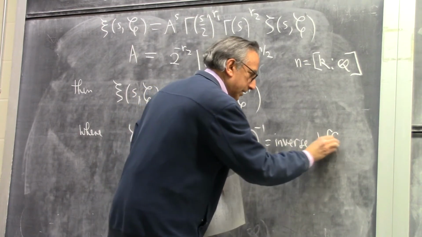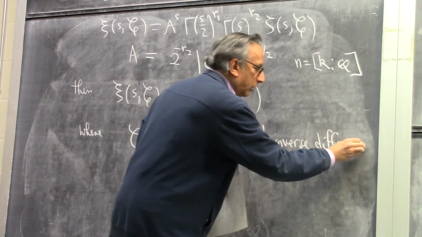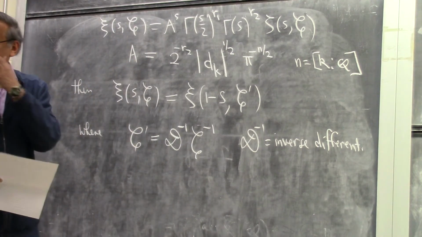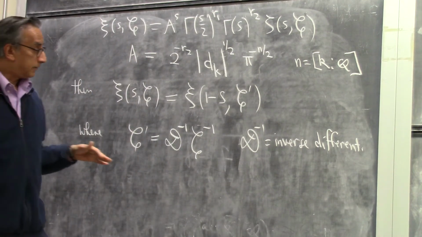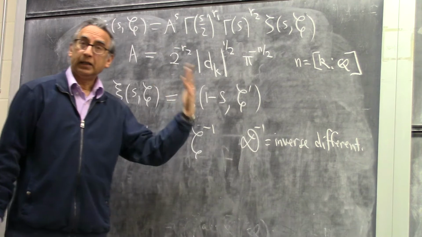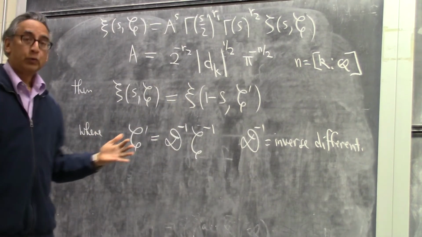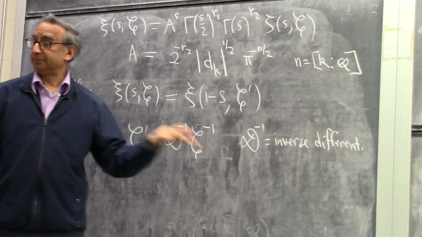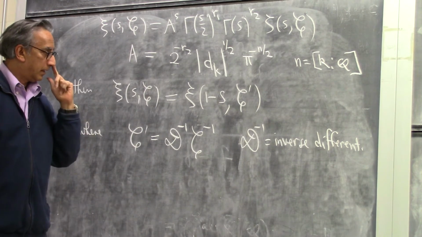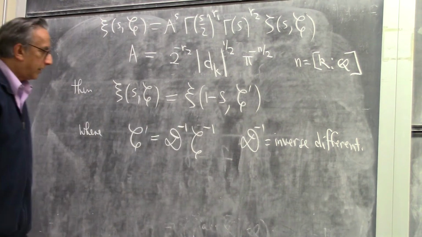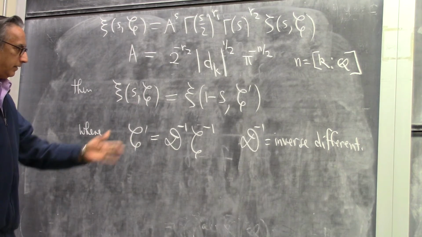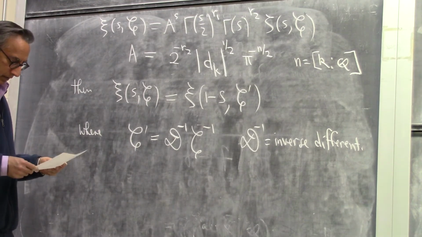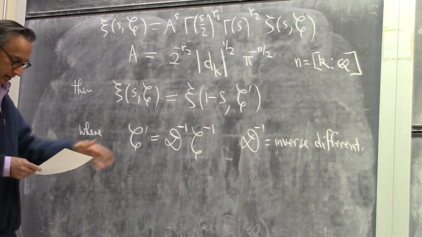Remember, as I said, if you look at my problems book in algebraic number theory, I discussed the different ideal. The different ideal is an ideal of the number field K whose absolute norm is equal to the absolute value of the discriminant. So that's an invariant that keeps coming up in many of these calculations. So you have this nice functional equation.